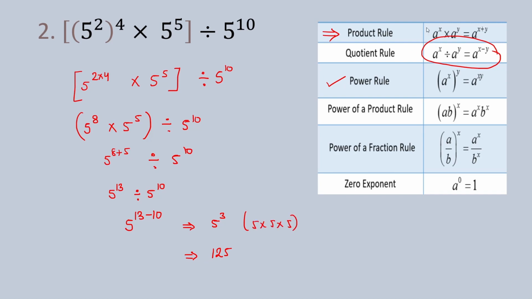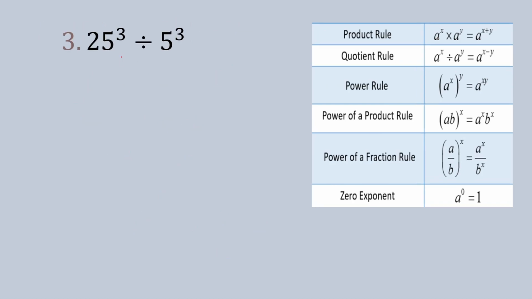Moving to question number 3. In this question we have base and exponent, but if you look closely, 25 is not written in the form of prime factorization. So there are two ways of doing it. Either change this 25 as 5 raised to the power 2 and then solve it by replacing 25 by 5 raised to the power 2.